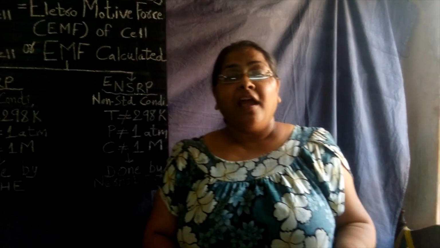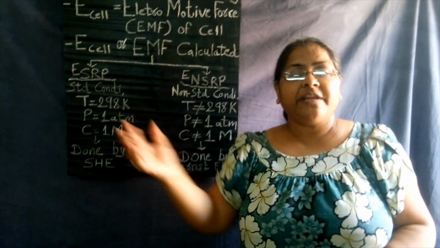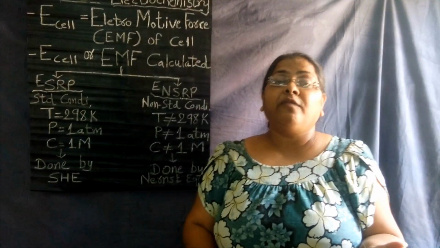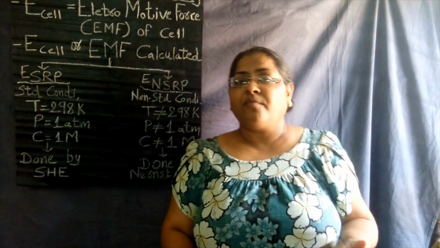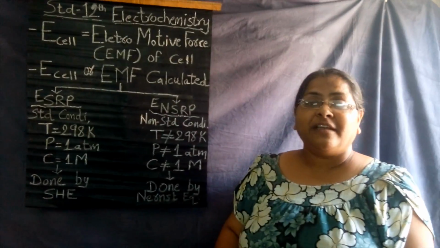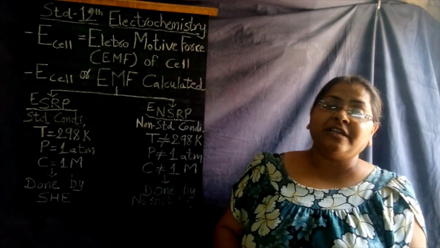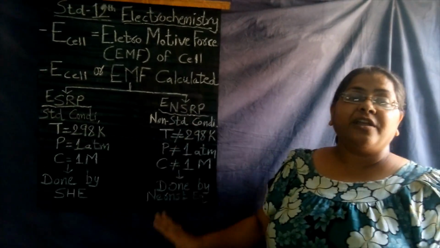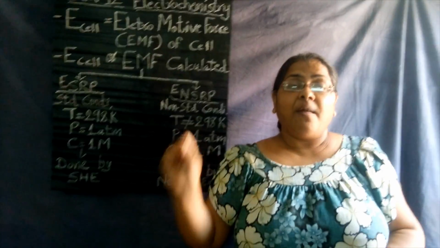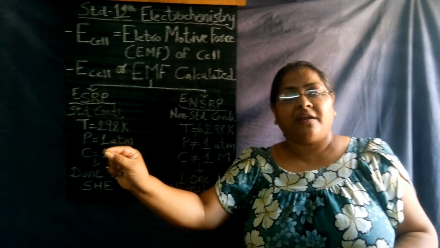So here again you will have to put a little focus on your studies of 11th standard, where you studied thermodynamics and equilibrium. When I talk about thermodynamics, you must remember the Gibbs free energy, because we will need to know about Gibbs free energy, which will help us to derive the Nernst equation, as well as the value of Q, that is the reaction quotient.